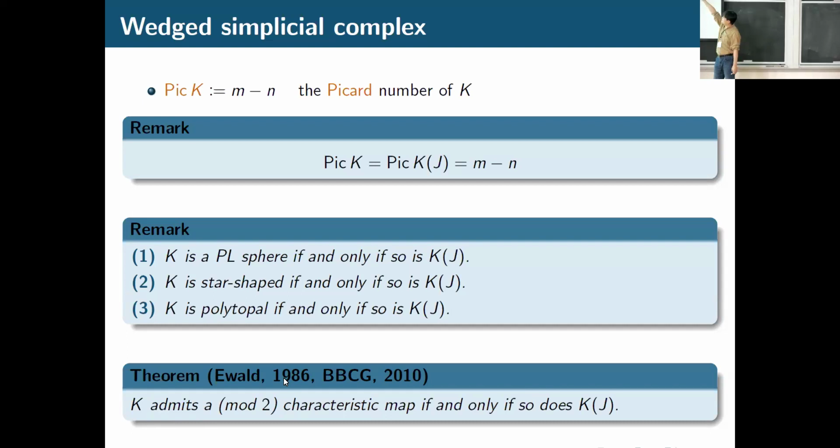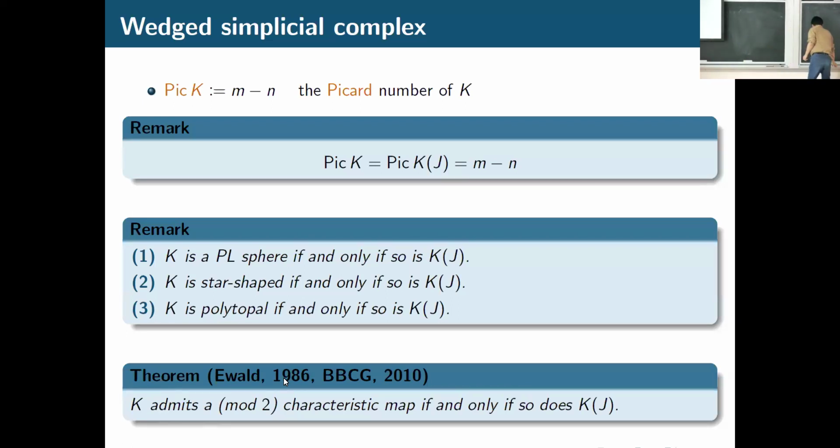Let us define M minus N as the Picard number of K. Then that Picard number is preserved. And that Picard number is indeed the Picard number of a toric variety.